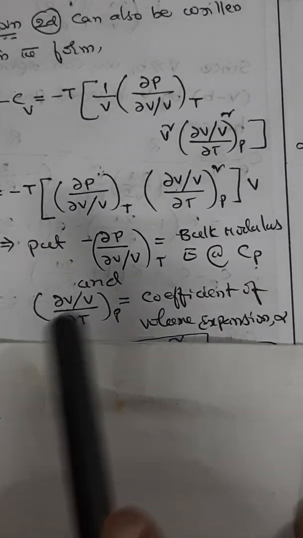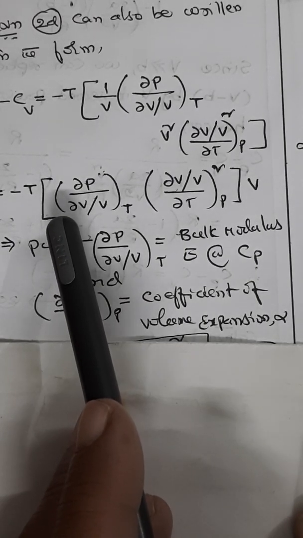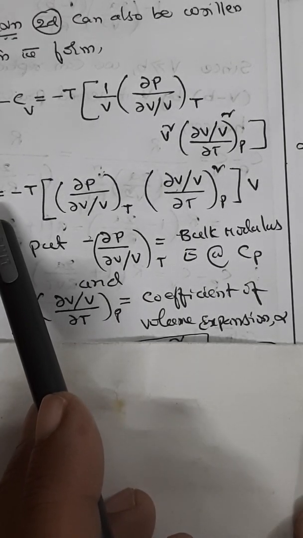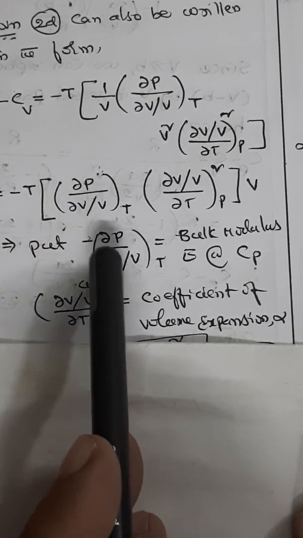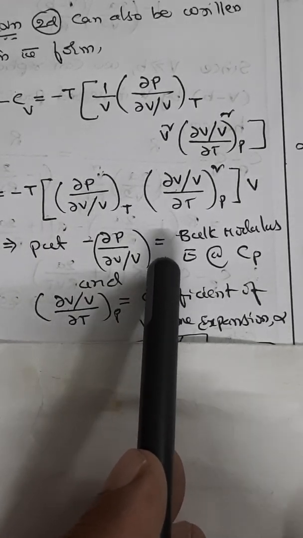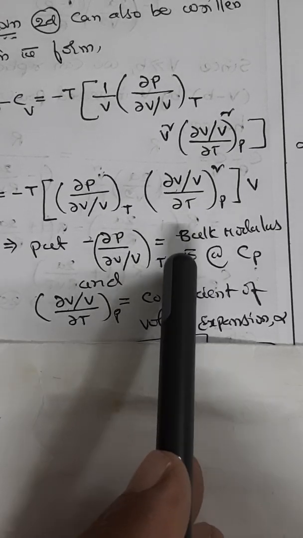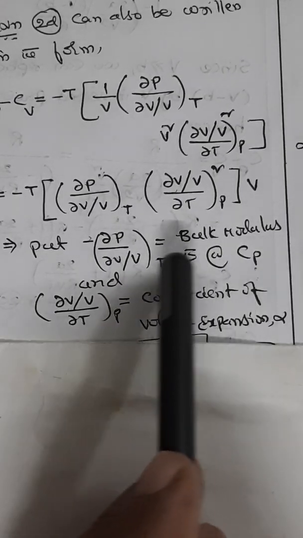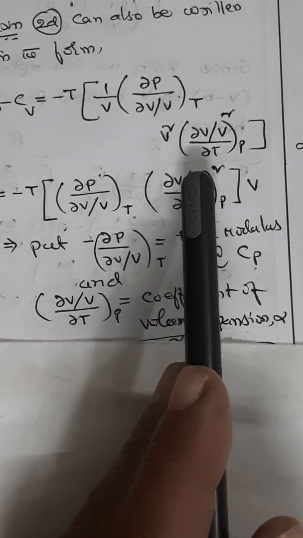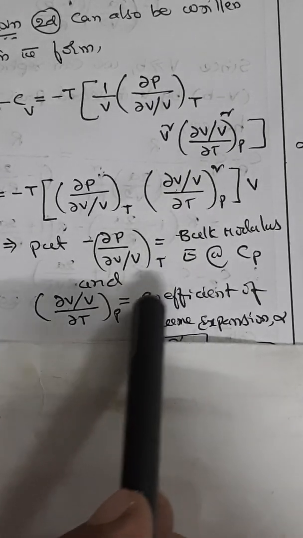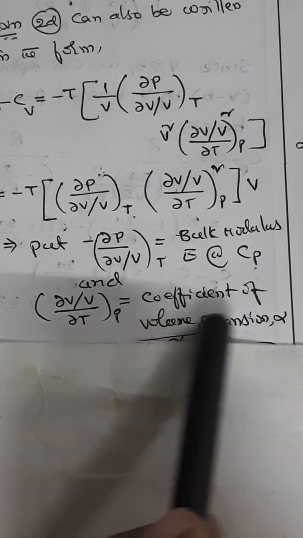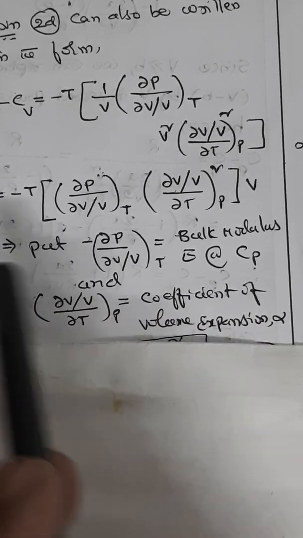So in this expression, the left hand side you have Cp minus Cv. In the right hand side expression, ∂P/∂V by V at constant temperature is taken as bulk modulus E, and ∂V by V divided by ∂T at constant pressure is taken as coefficient of volume expansion alpha.